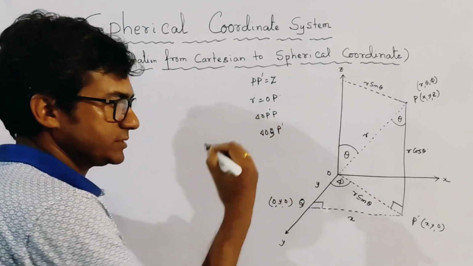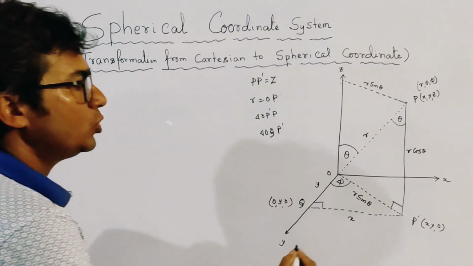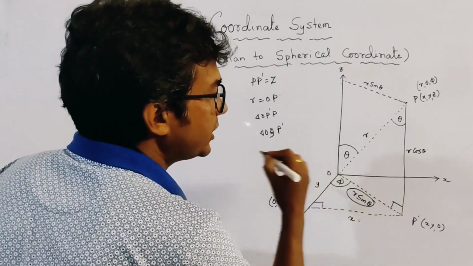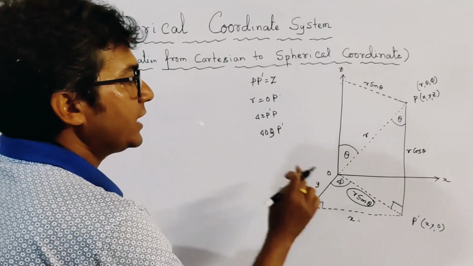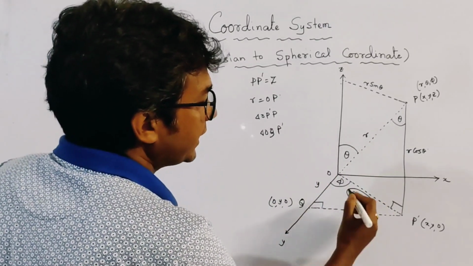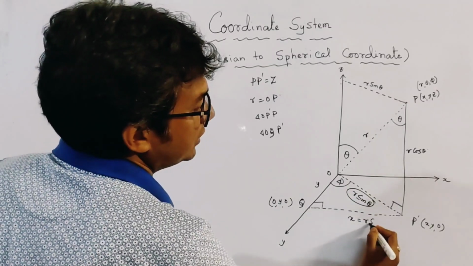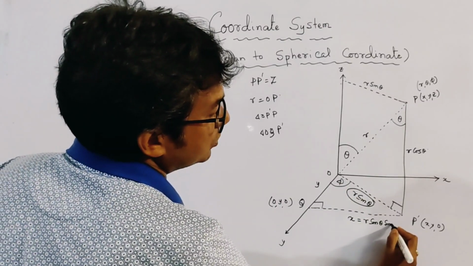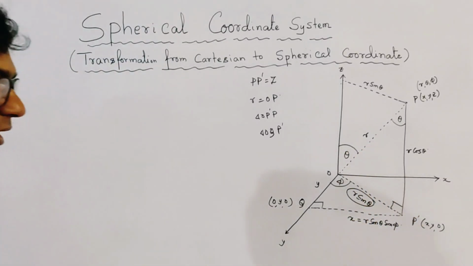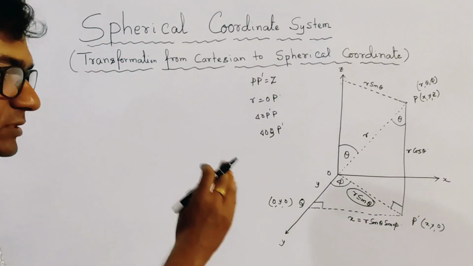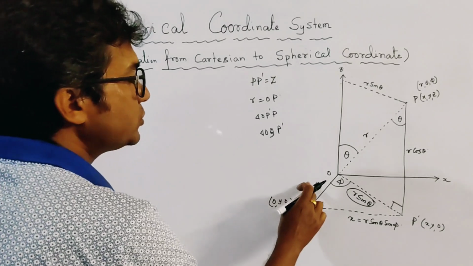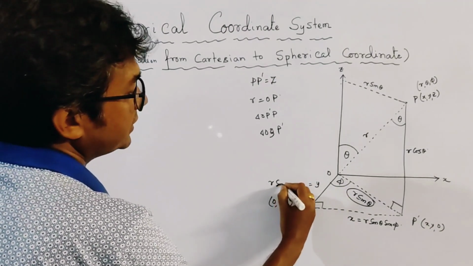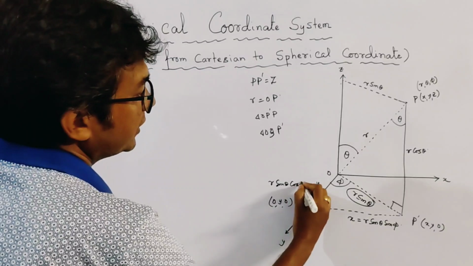This is the hypotenuse and this is the angle. So we get x equal to r sin theta sin phi, and the base y equal to r sin theta cos phi.